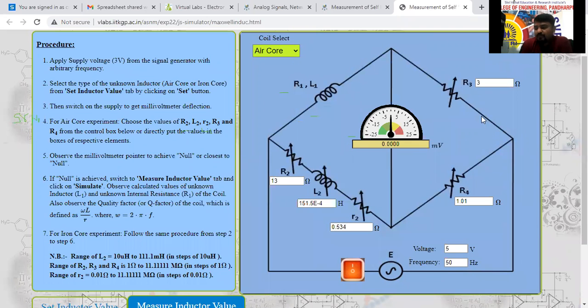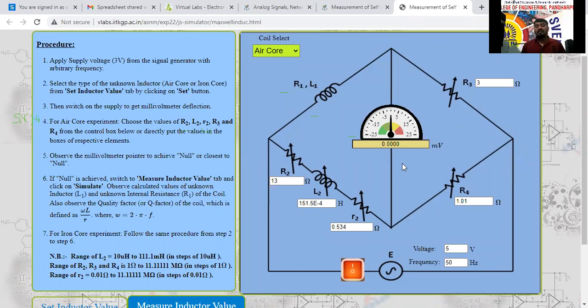Already you know the formula, R1 equal to R2 plus R2 into R3 divided by R4, and L1 equal to L2 R3 divided by R4 here. Now by using that formula, R2 value is there. This is e to the power minus 4, that is 10 to the power of minus 4, 151.5 into 10 to the power of minus 4, you have to do that one.